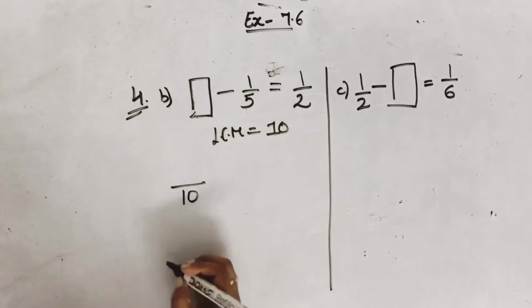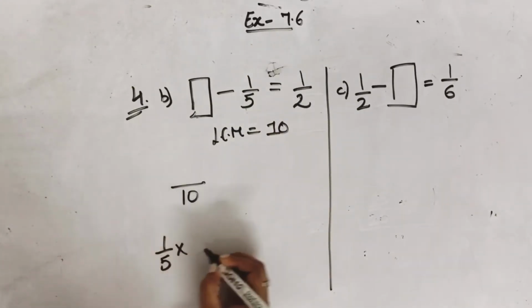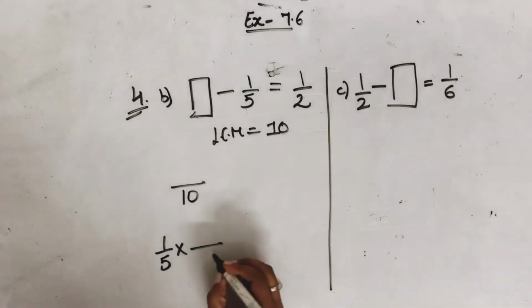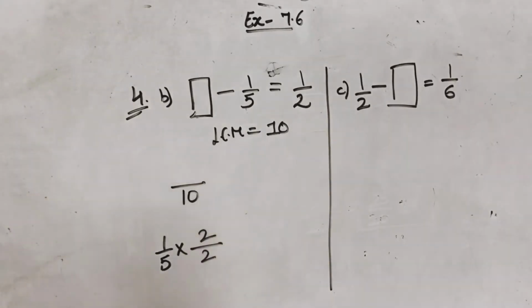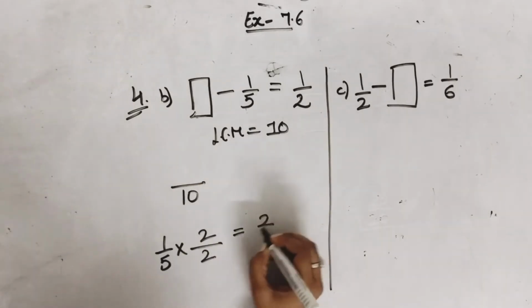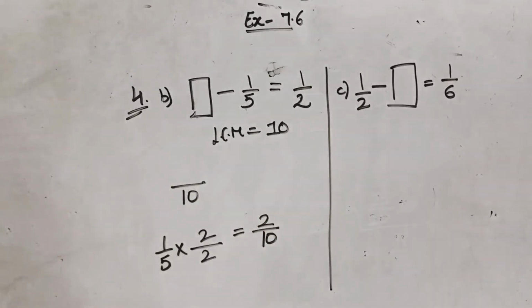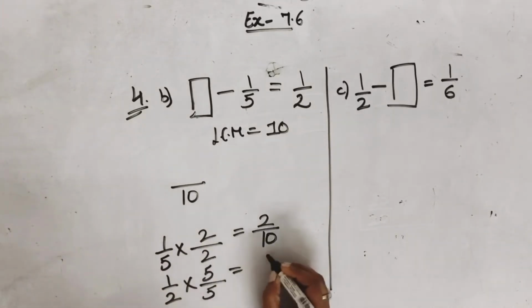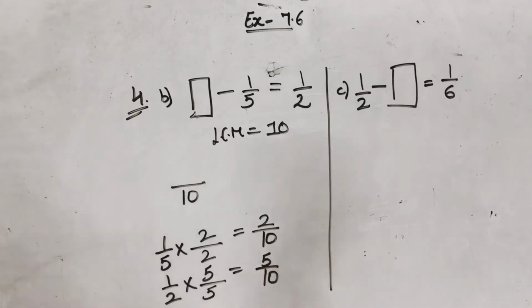So 1 by 5, you have to convert the denominator to 10. So you will multiply this by 2. So it will be 2 by 10. 1 by 2, again you have to convert the denominator to 10. So multiply by 5, 5 by 10.